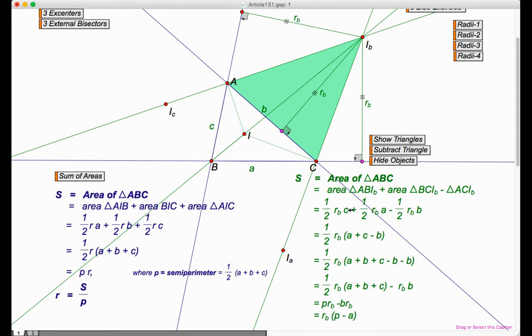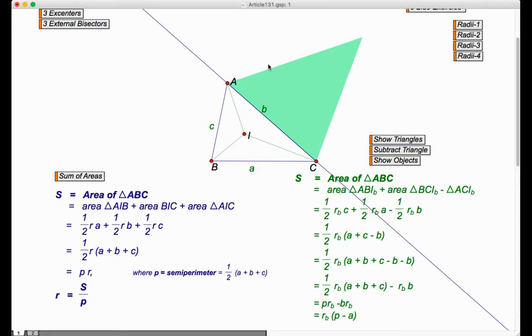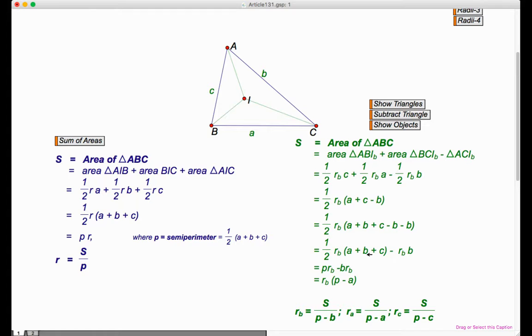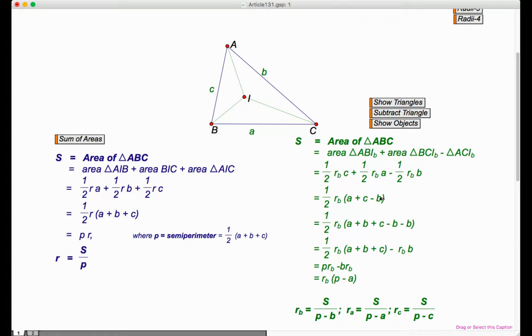And if I factor it, simple algebra will tell us that we have 1/2 r sub b (a + c - b). I want to introduce P, so I can do that by adding b and subtracting b.